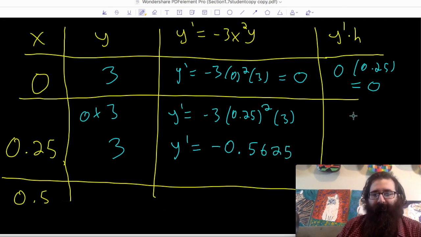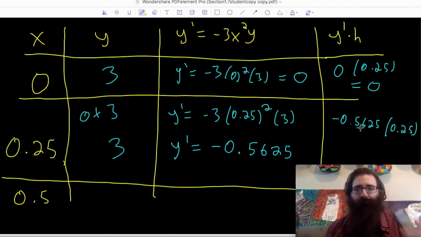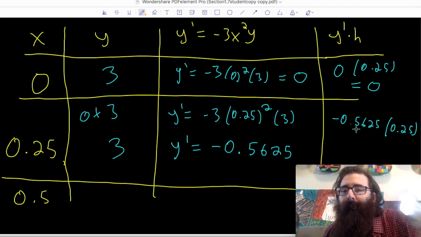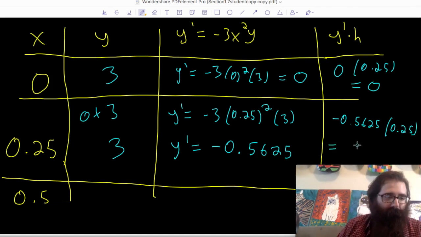And then I want to take this value, negative 0.5625, and multiply it by the step size, 0.25. And again, that calculator, my little robot friend helping me, tells me that that should be negative 0.140625.